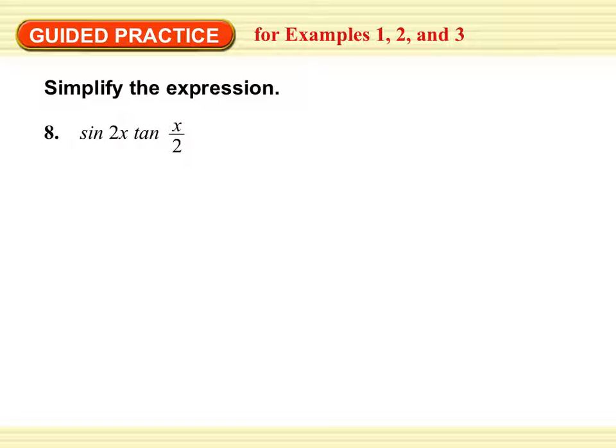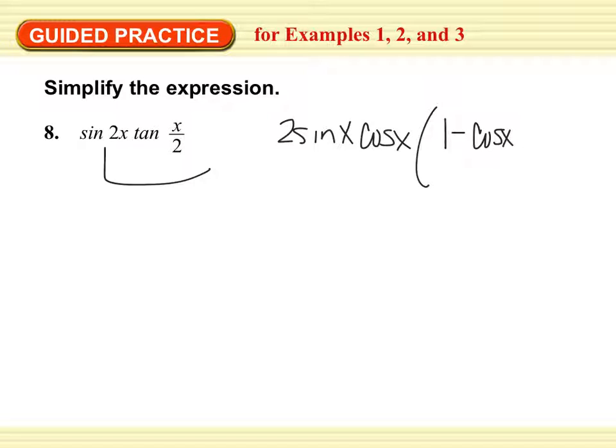Okay, number 8. Sine 2x times tan x over 2. So the sine 2x I can change into 2 sine x cosine x. And then the tan x over 2 is the half angle, and I can change that into 1 minus cosine x over sine x.